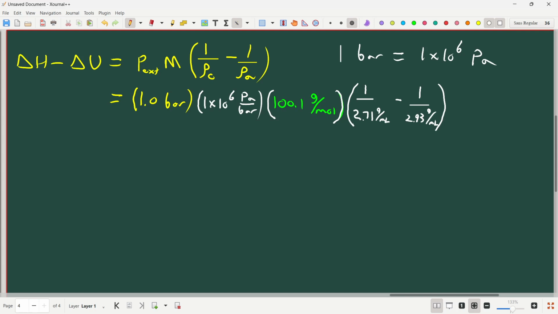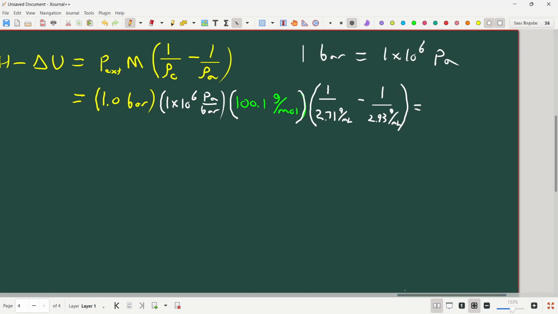All right, so what are our net units? Well, the grams cancel out, the bars cancel out, and we're left with pascals times milliliters. We'll have to convert that to liters, and when we get to pascal liters, that gives us joules, as we'll see in a second. Okay, so this number right here is big minus small.